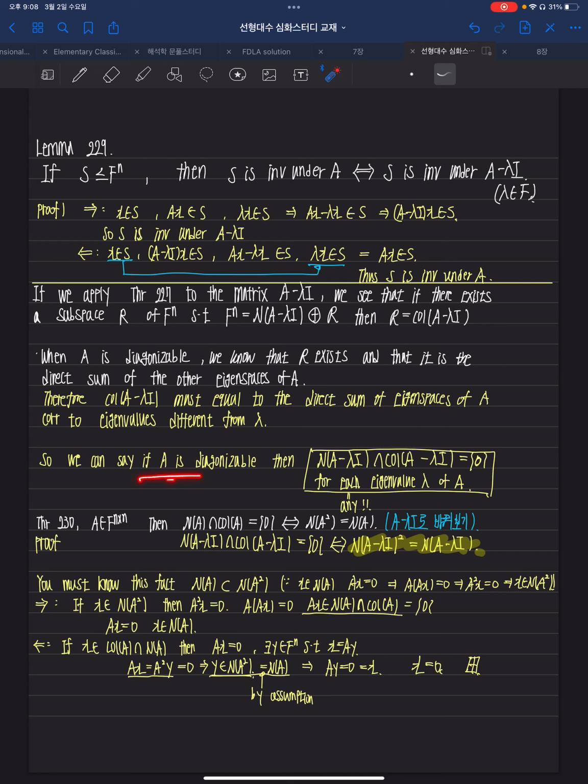If A is diagonalizable, then for any eigenvalue lambda of A, the null space of (A minus lambda I) squared is equal to the null space of A minus lambda I.